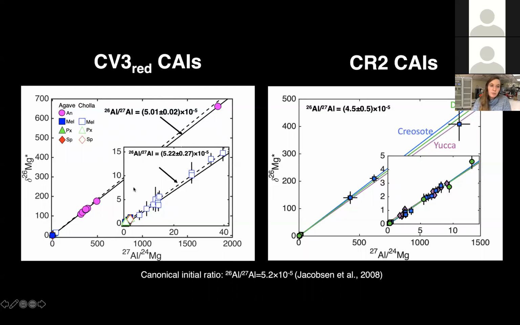We find that our CAIs have a very similar ratio, 5.2, and all three put together is 4.5 times 10 to the minus 5, so our CAIs are very comparable to other CAIs and probably formed at about the same time and were not reprocessed. So that's what the aluminum-magnesium isotope systematics can tell us.